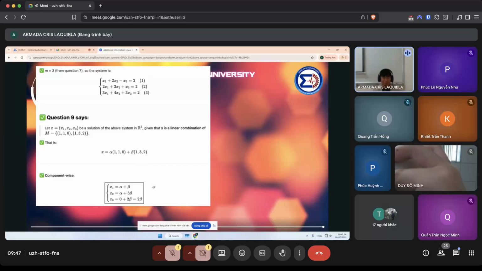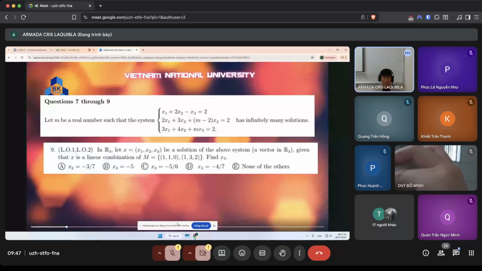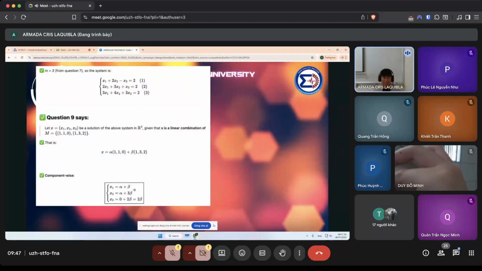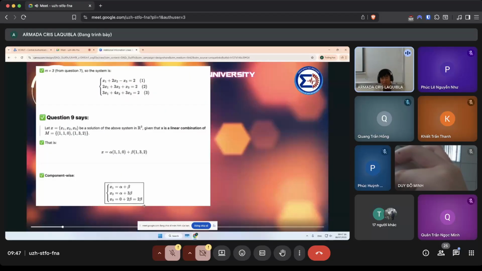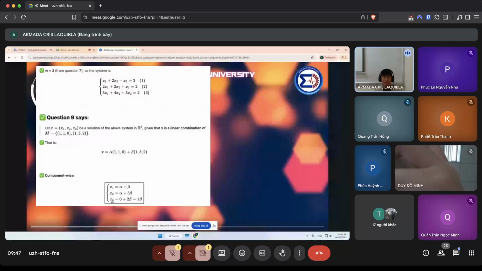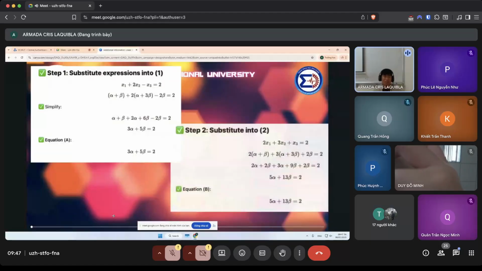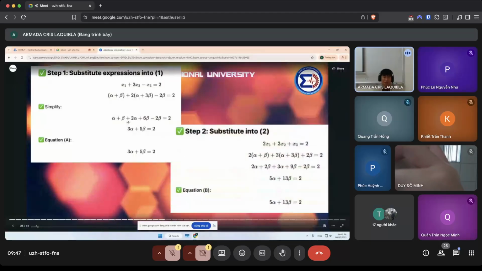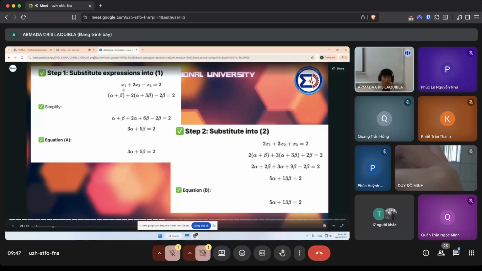Now, the question says we find x3, right? Find x3. And your x3 here is just equal to 2 beta. So no need for you, class, to solve for the alpha. We need only the beta, and then substitute it here and we have a value of x3 already. First, you substitute that in equation 1.